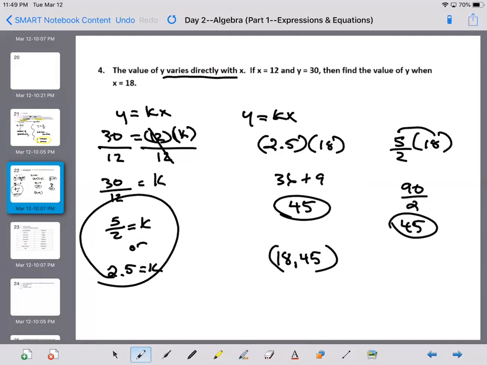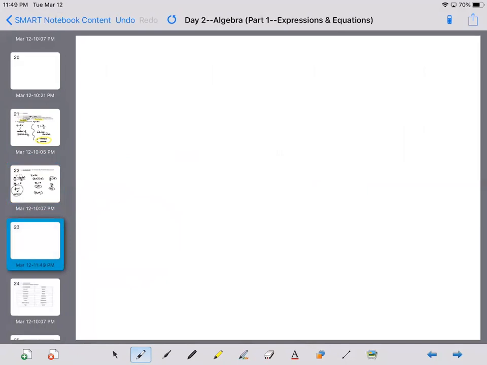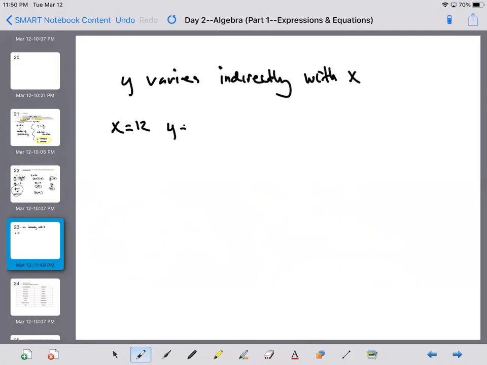Well, if we look at the same thing, and let's say that y varies indirectly with x, and we'll just use the same idea there. When x is 12 and y is 30, so y is equal to k divided by x.